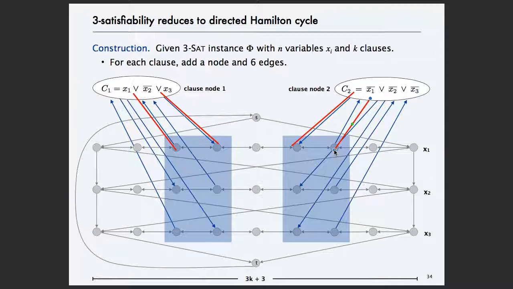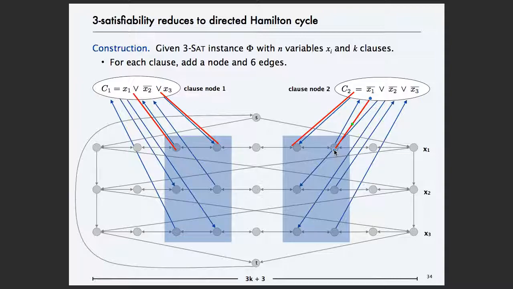But that's an easy one because I'm looking at it. I just call the get Hamiltonian cycle procedure, and I don't care what it takes. So if I have a Hamiltonian cycle, I can get values of x1, x2, and x3 that would satisfy this thing.